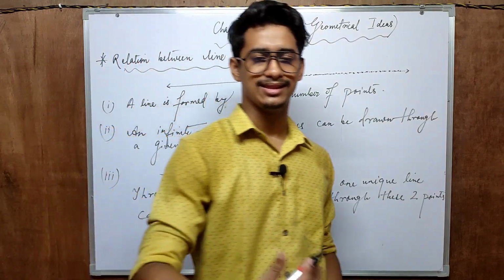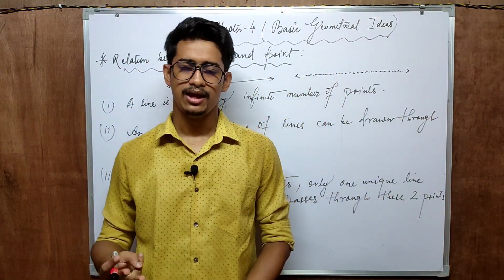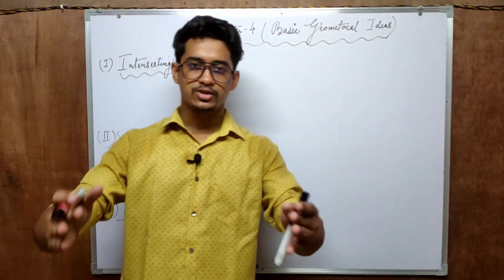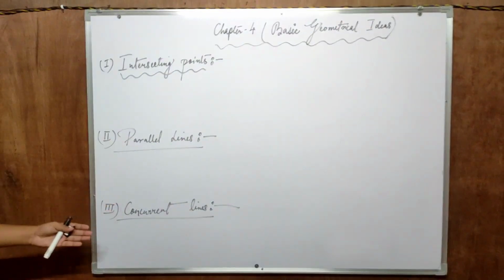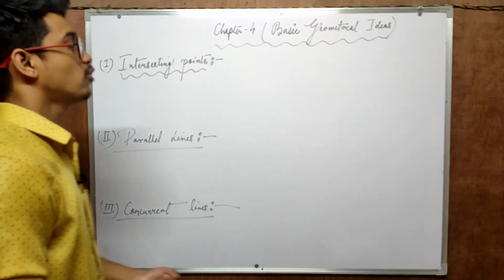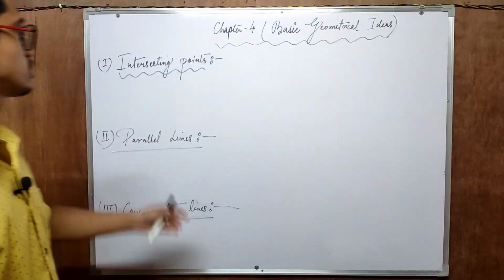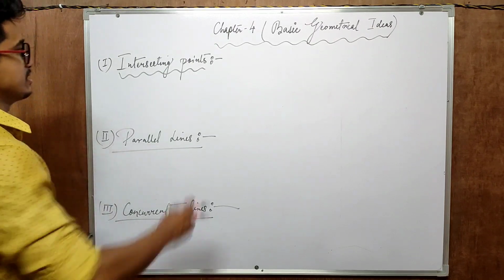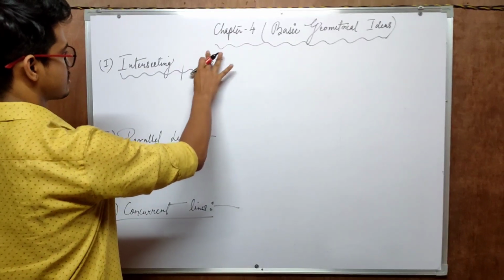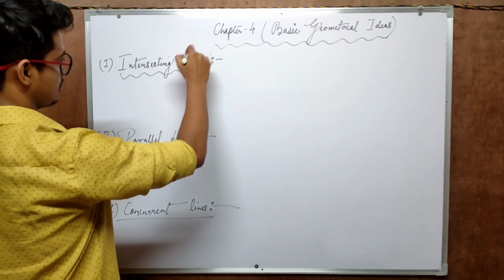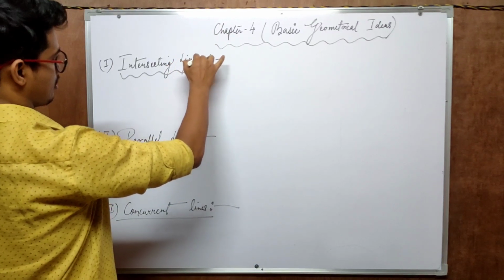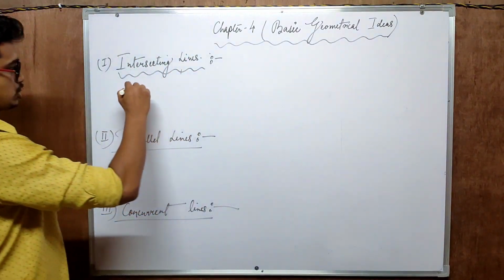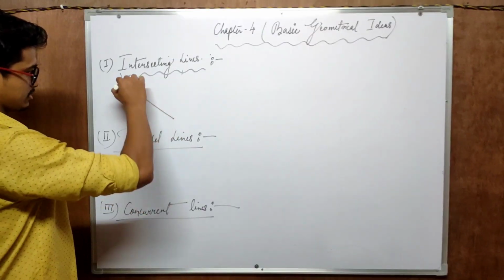Let's understand the next 3 concepts, and later on we will move on to the exercise part. Alright, so let's understand the last 3 concepts before doing exercise 4A. What is the first one? Intersecting lines. Intersecting lines means what?